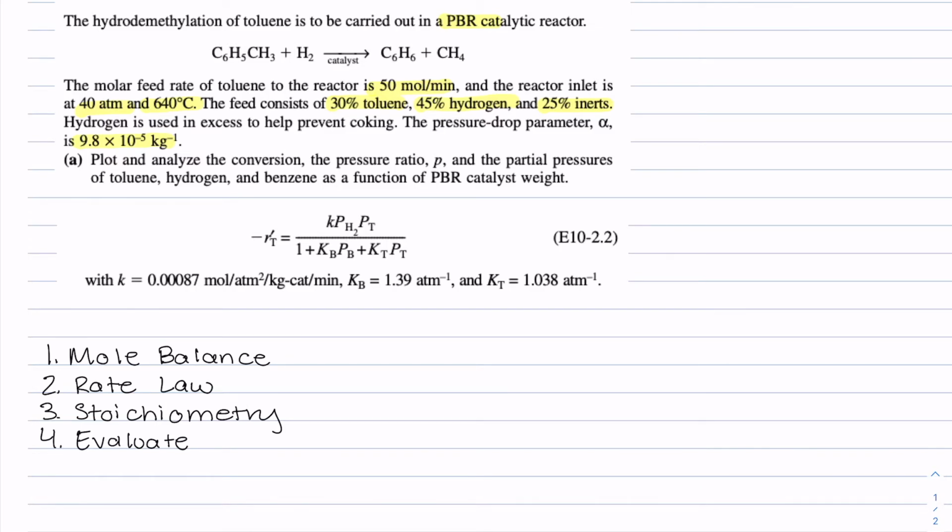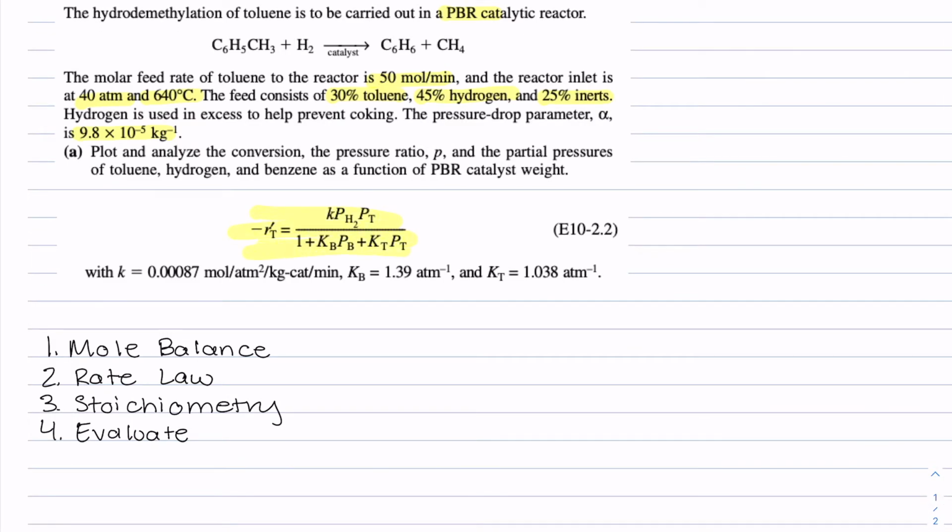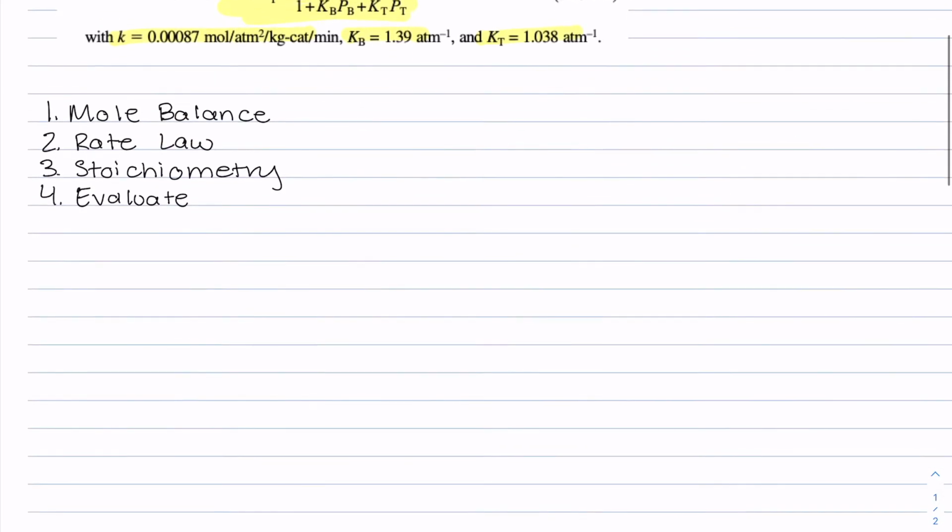They want us to plot and analyze the conversion, pressure ratio, and the partial pressures as a function of PBR catalyst weight. The rate was also given to us in example 10-1, along with the values of K, K_B, and K_T. Starting off with the mole balance of a PBR reactor, we know that dF_T over dW is equal to the rate of toluene.